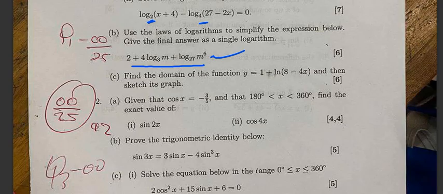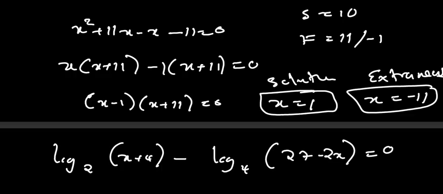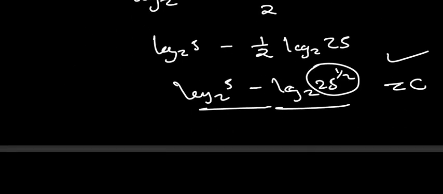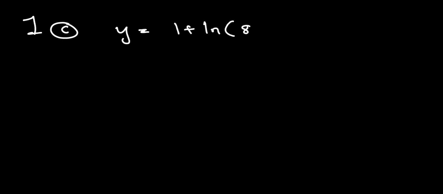Then the next one, they're saying find the domain of the function and then sketch the graph. So if we're looking for the domain of a function that looks like this, this is part C, so this is question 1C. Y is equal to 1 plus ln of 8 minus 4x.